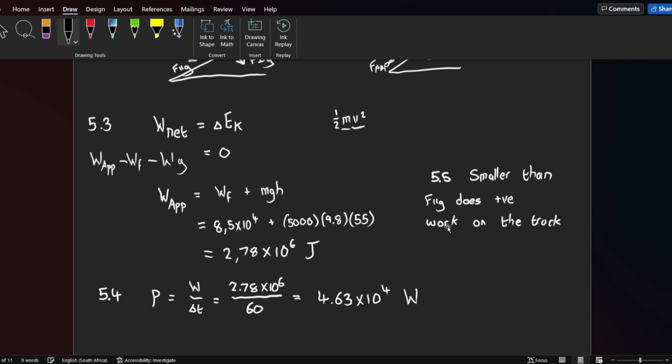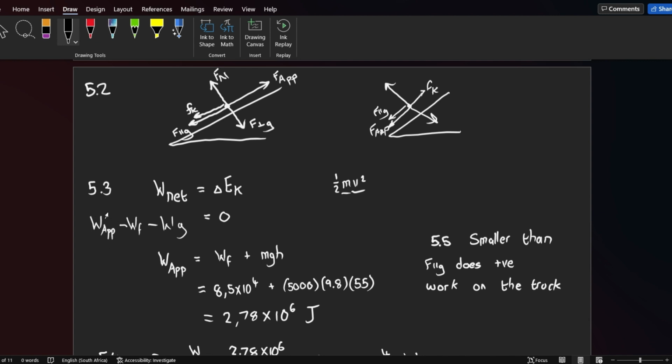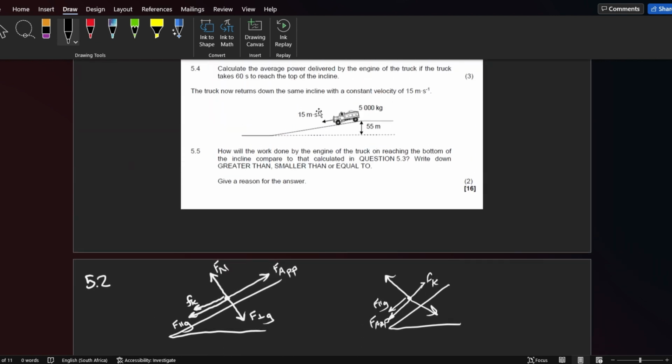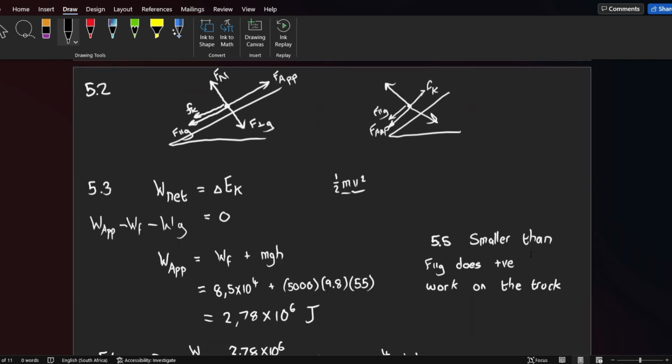Because in the first scenario for question 5.3, we see that the weight did negative work, which means the work done by the applied force had to be greater to overcome this. However, in this scenario, it does positive work because it's in the direction of motion, meaning the applied force has to be smaller because it's now coupled with the weight force and you're still maintaining that constant velocity. So the overall work done by the engine will therefore be smaller.